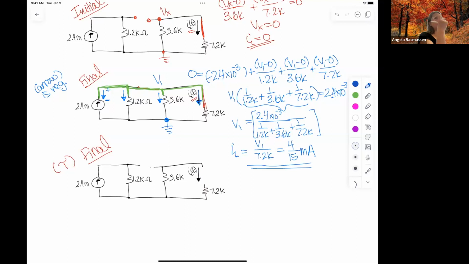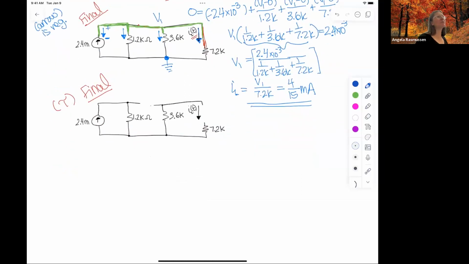Then V1 over the 7.2K will give you the current in that particular branch that you want. You could, if you needed to, just combine a couple resistors to simplify that portion of it. And I do recommend try to simplify it as often as you can where you can.